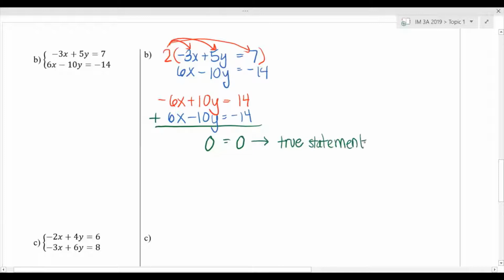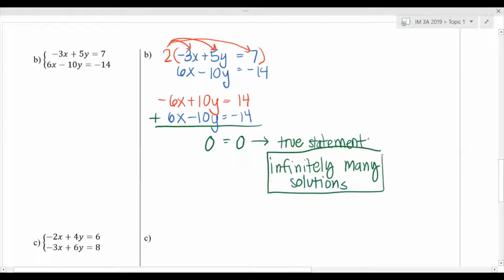And so when we end up with a true statement, our answer is that there's infinitely many solutions. So when the variables eliminate, I end up with a true statement. I have infinitely many solutions.